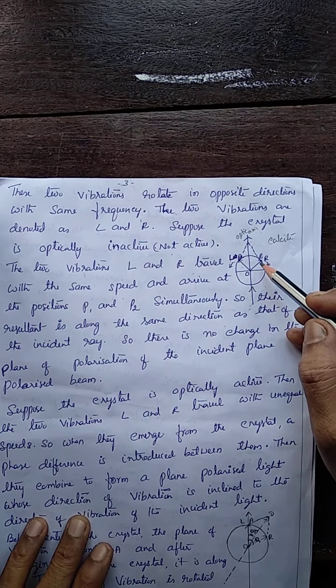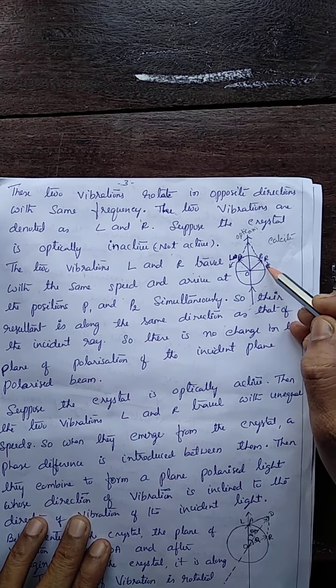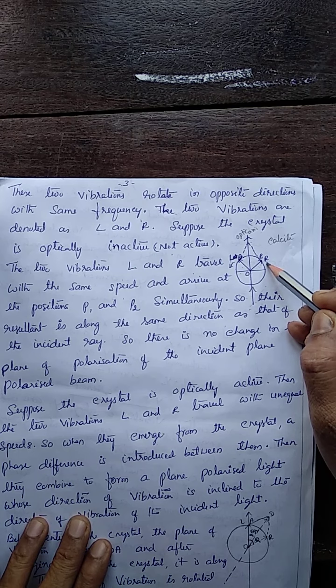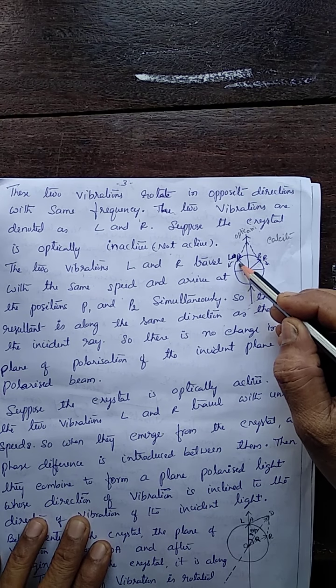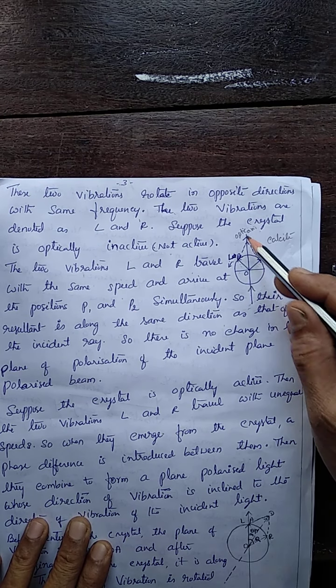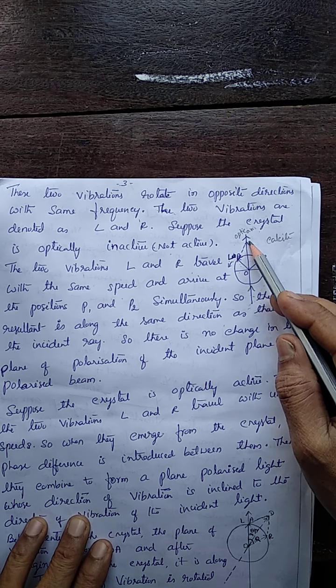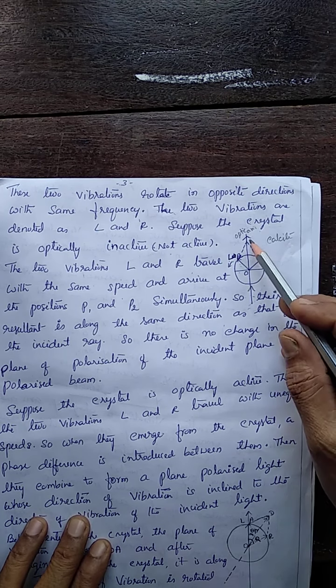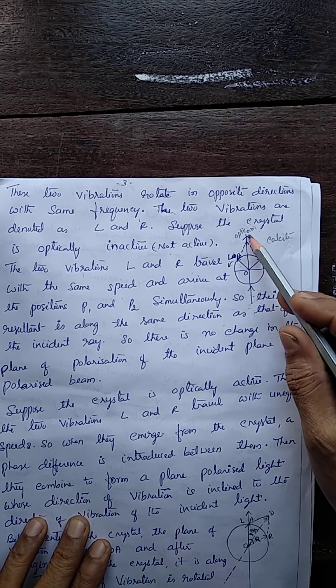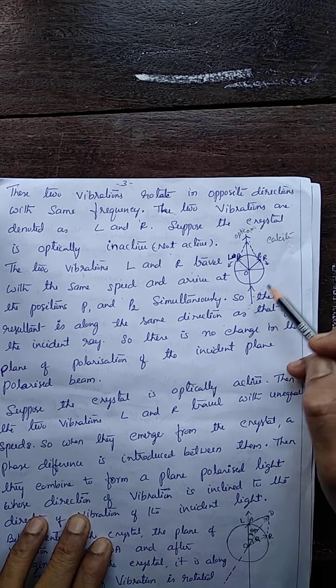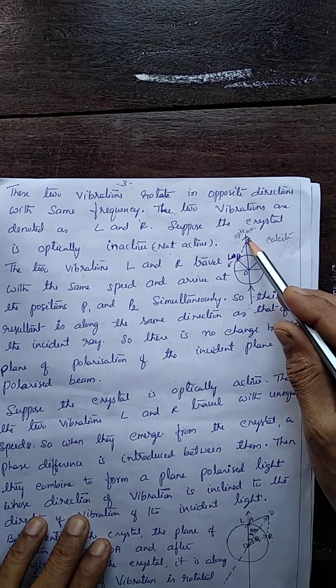Now, that beam splits into R and L, right hand circular vibration and left hand circular vibration. The resultant is along the same direction. What it says is there is no change in the direction of vibration, or the plane of polarization, of the incident beam.